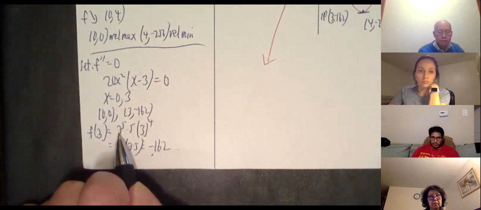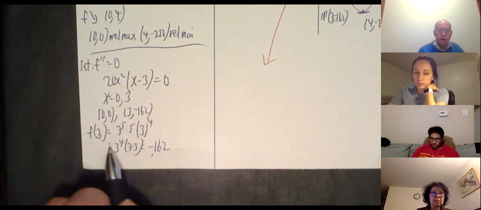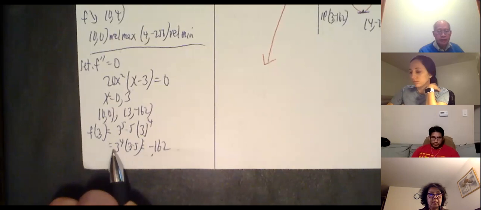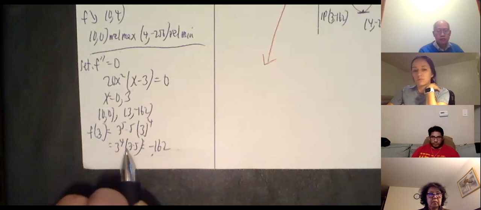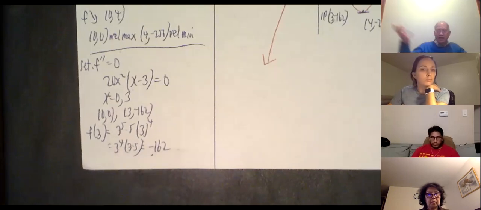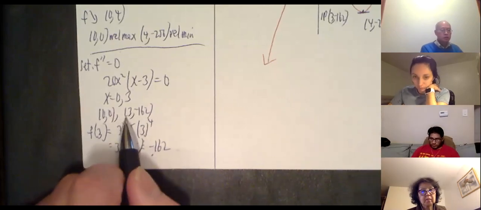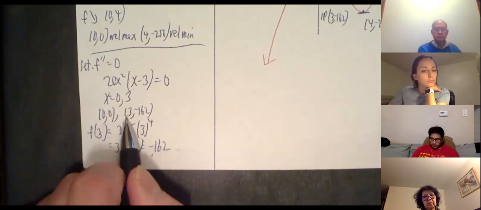That has 3 to the 4th, that's 3 to the 5th, which means it has 3 to the 4th. So I take out the 3 to the 4th. I have left 3 minus 5. And I know that happens to be 81 times negative 2, negative 162. I just decided to show you that. But if you don't like that, just punch it in your calculator. So 3 comma negative 162.